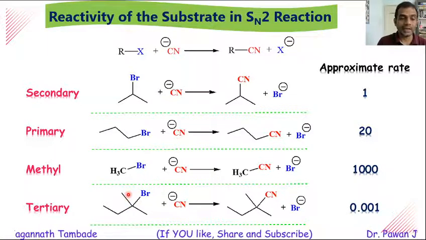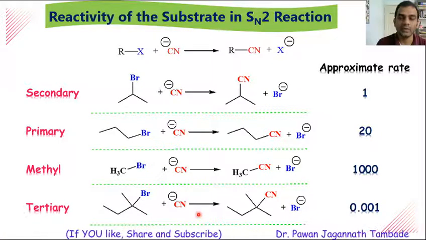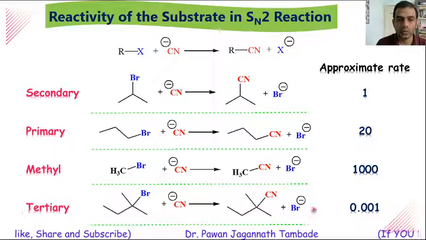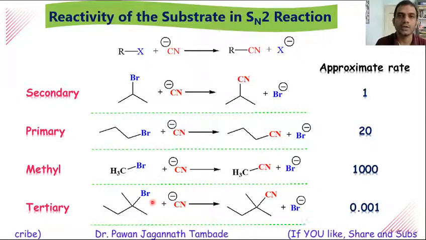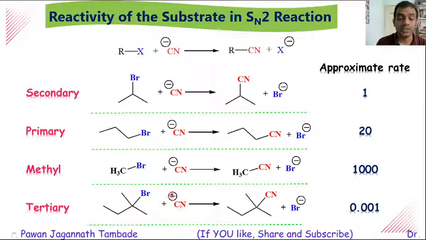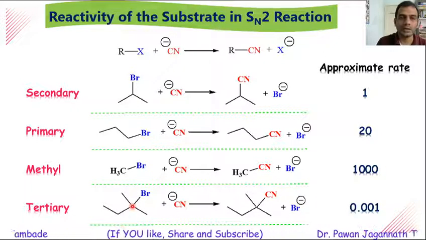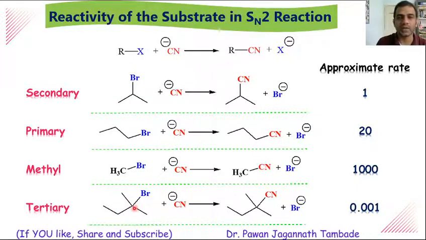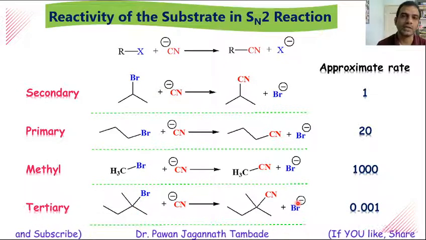However, in the last example, where the tertiary alkyl halide is allowed to react with the nucleophile, the rate of reaction is very slow. In this case nucleophilic substitution does not occur through the SN2 path. It will take another path, that is SN1 reaction. This is because the nucleophile will find it difficult to reach this carbon because of the three bulky groups present on the carbon atom. And this is the effect of substrate in SN2 reaction.